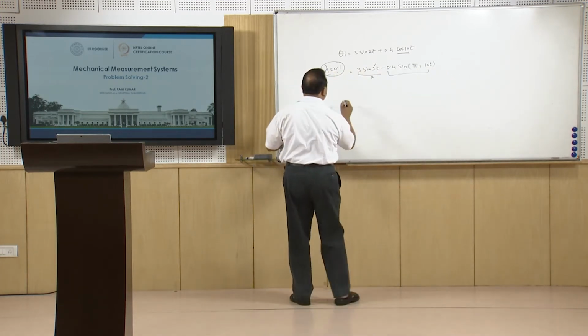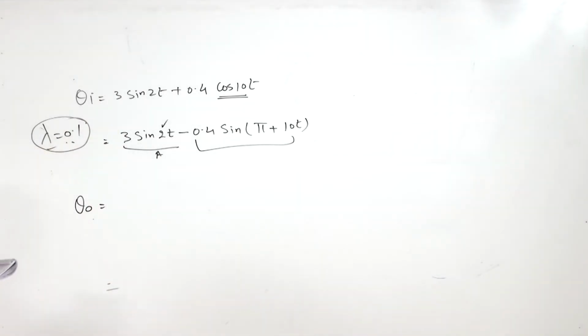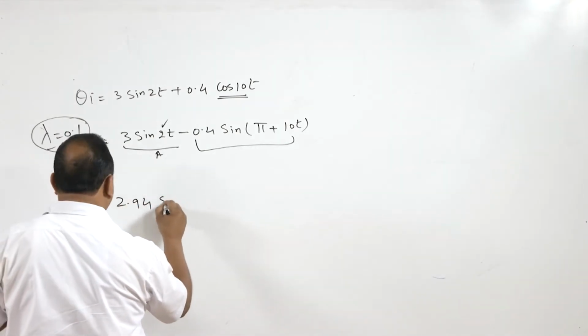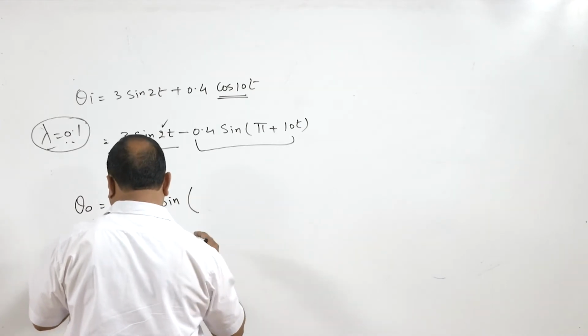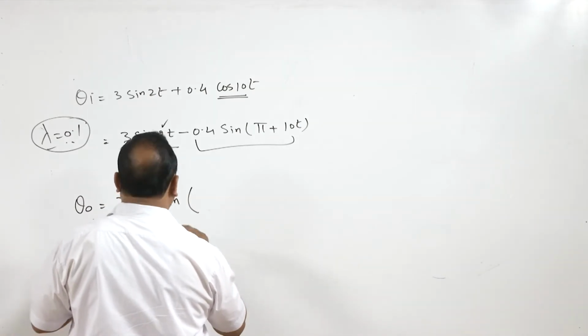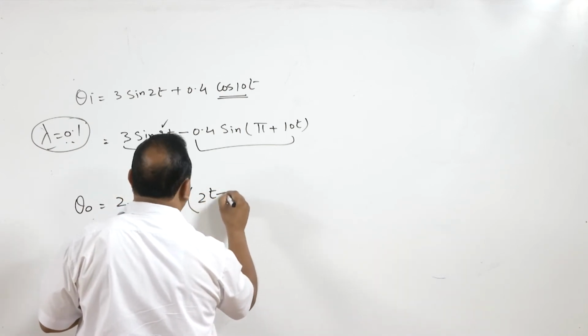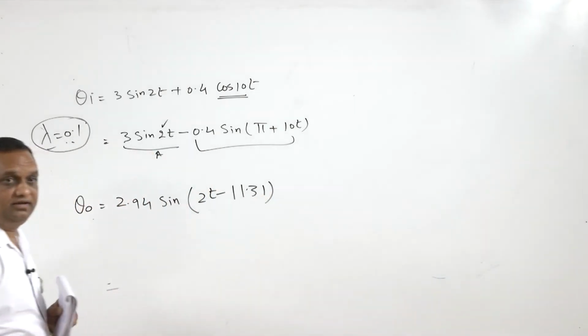As theta O, that is the output. Now this is the input signal. The output signal is going to be 2.94 sine (2t minus 11.31 degree). This is the phase lag.